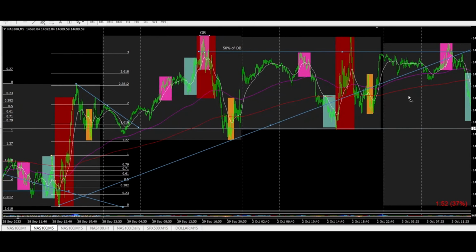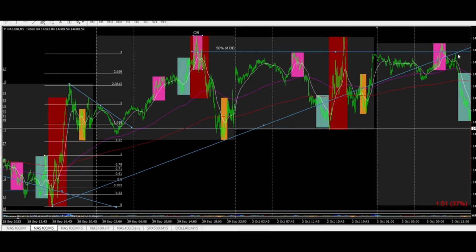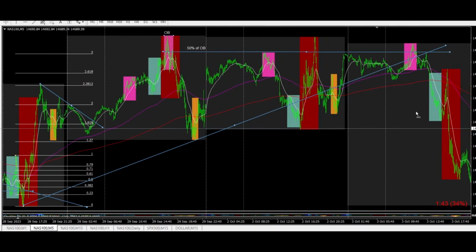But if we look right where the trend line crosses the 50% level is when price takes off to the downside. Now you can wait because you've looked at all of this consolidation and wait for price to come right back and touch this breaker. And once it does that, it goes even lower.